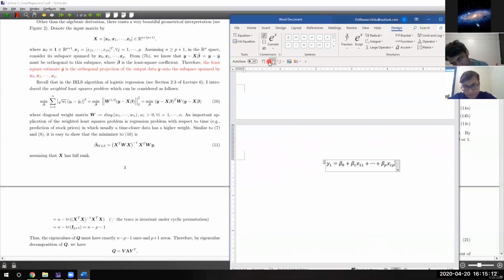Suppose I have this. Now I want to add a weight to that, W1. Then what you're going to have is W1 y1 equal to W1 times this, isn't it?